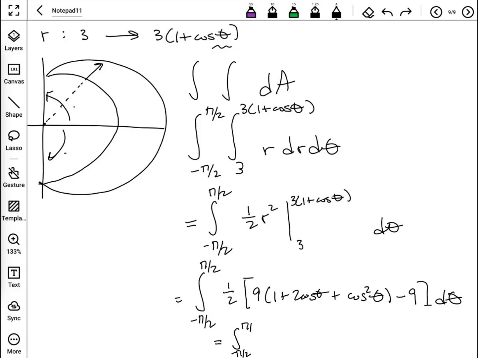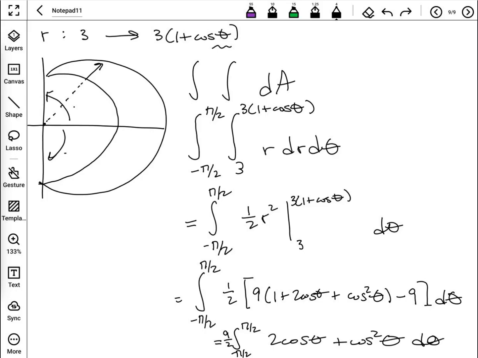I'm going to pull that 9 out front, I guess, with my 1/2. So I'm just worrying about integrating this. These two cancel out, so I just have left over inside my 2 cosine theta plus cosine squared theta d theta.